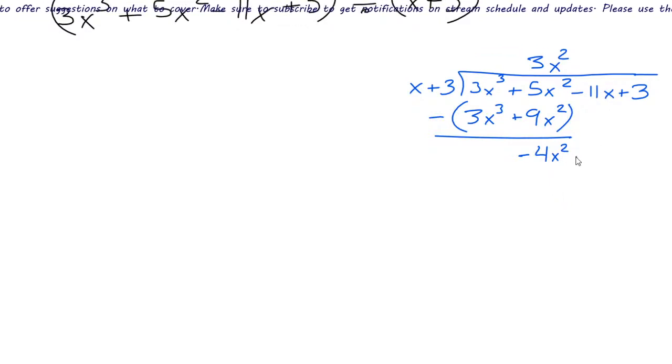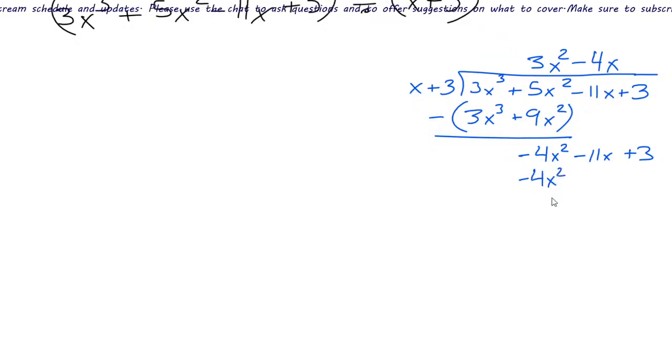Bring down the next piece, so negative 11x. I would go ahead and just bring the whole thing down, plus 3. And then what do we need to multiply x by to get to negative 4x squared? We're going to multiply that by negative 4x. Negative 4x times x, negative 4x squared. Negative 4x times 3, negative 12x.